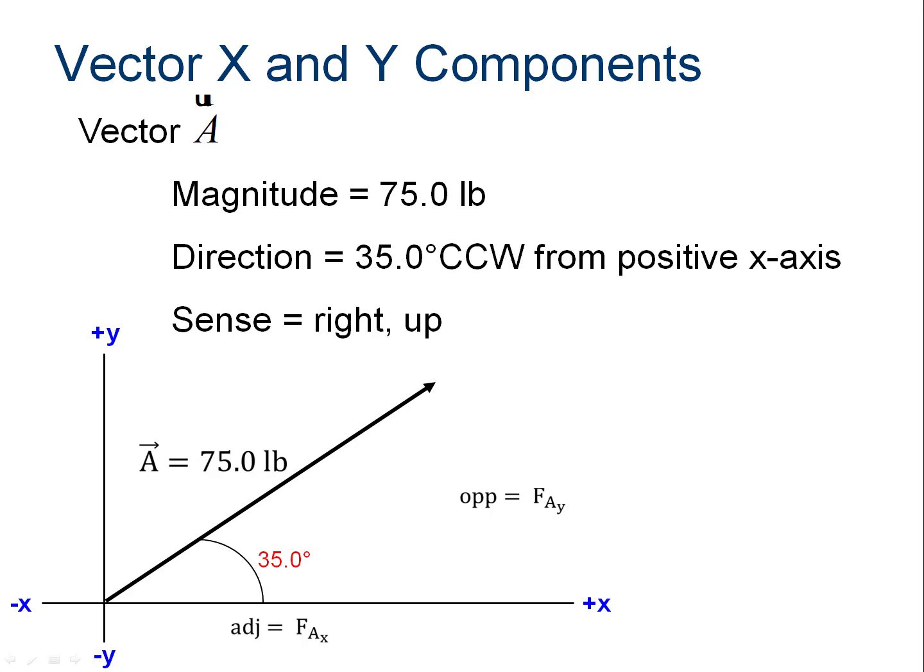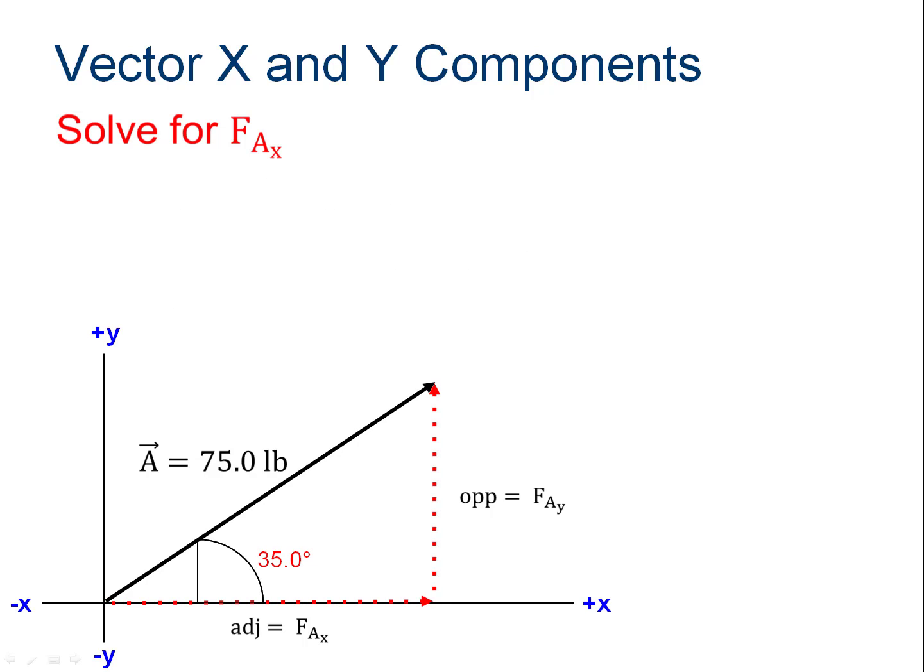Now that sense is important because it's going to tell me that I have got a component that goes in x to the right and in y up. That's what that sense tells me. So I can use my relationships and solve for f(a) sub x, the component vector of A in the x direction.